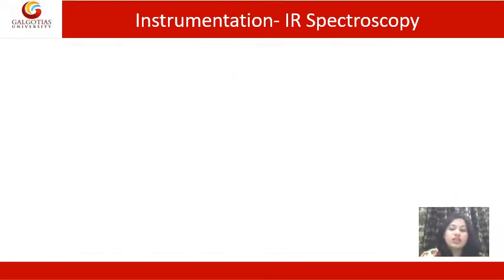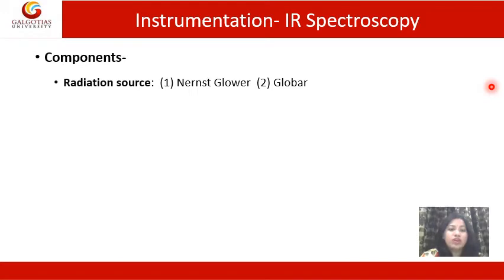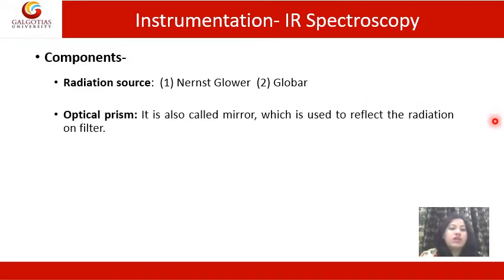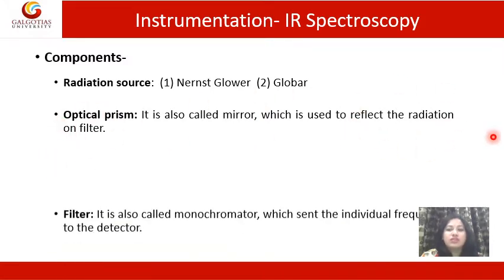Before discussing the working of instrumentation, first we discuss the components. Number 1, radiation source. Nernst glower and globar are the radiation sources used in the instrumentation. Next is optical prism, also called mirror, which is used to reflect the radiation on the filter.